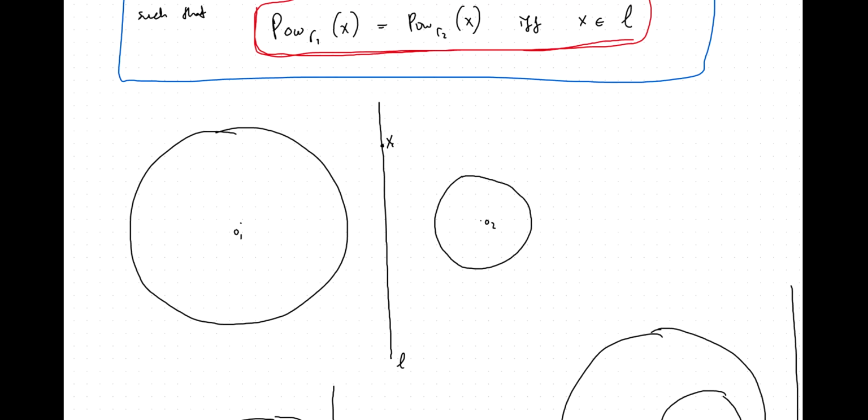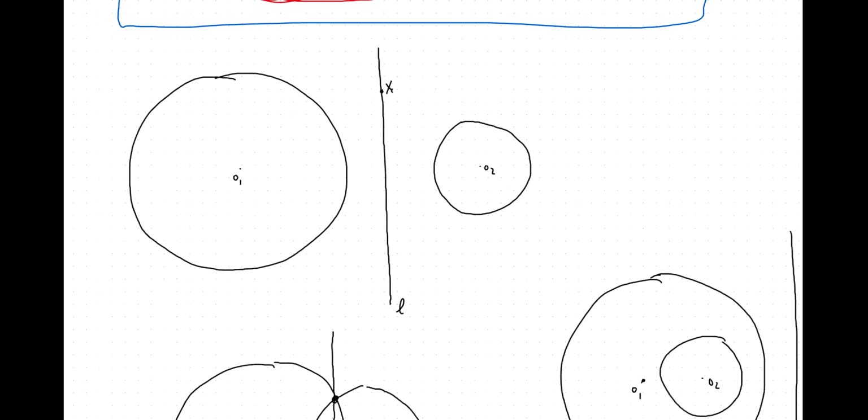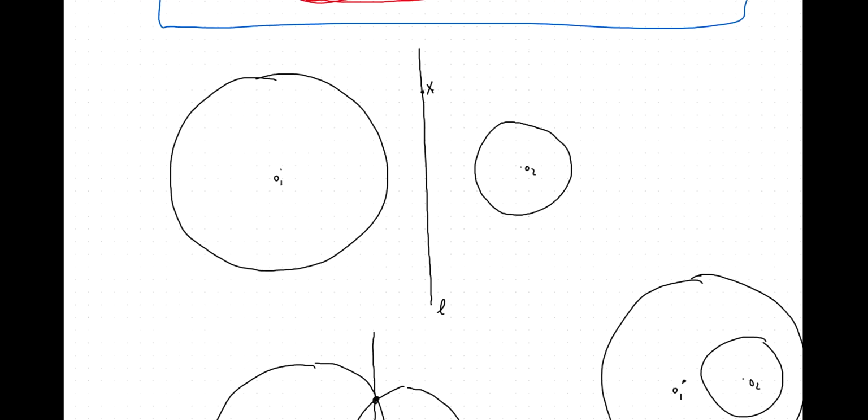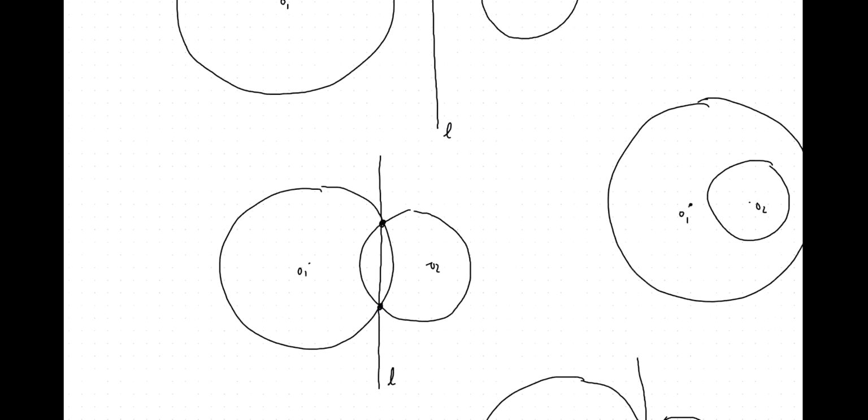And not only this point x, but all points on the same line L. So this is the generalization of this thing about tangency. Because, for example, in this case, those will be the circles that pass through these 2 points. So this is the notion of pencil of circles, okay?